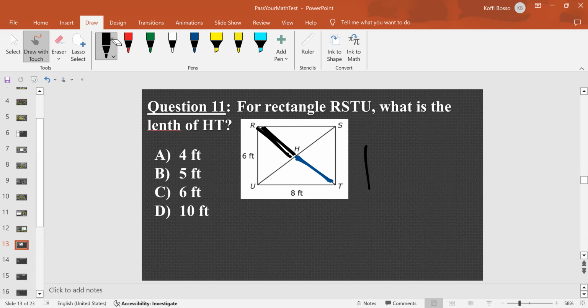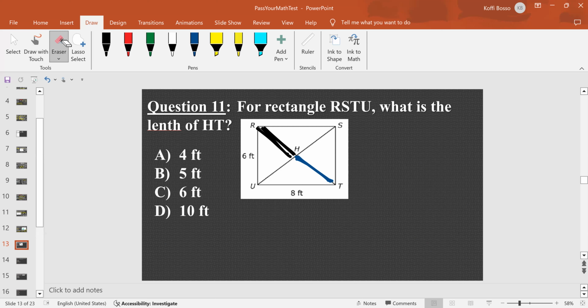So in a rectangle, understand that the two diagonals meet at the center, at the midpoint, the middle of the line segment, the diagonal. So RH is the same as HG. Okay, but we don't know RH.